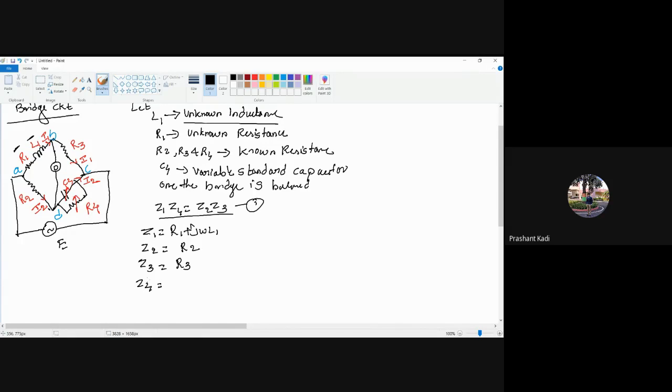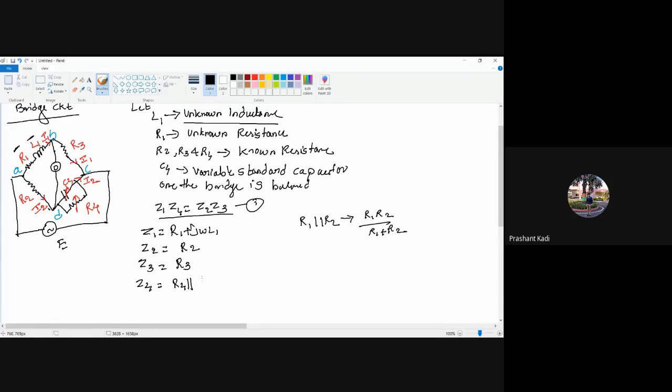If two resistances are in parallel, say R1 in parallel with R2, the equivalent resistance is R1 R2 divided by R1 plus R2. The same thing is applicable for this impedance also. R4 is in parallel, the double line indicates parallel, with the capacitive reactance.